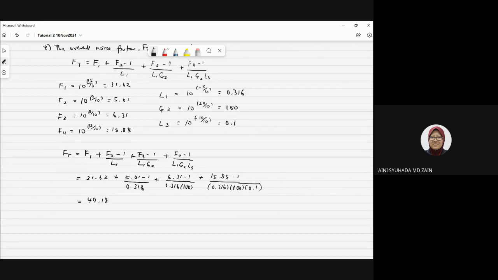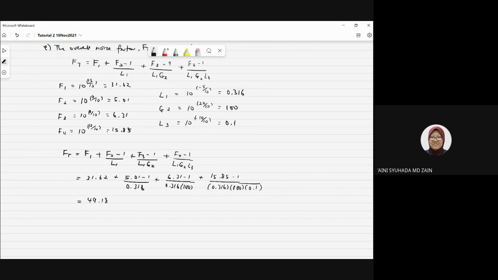So once you calculate wrongly for any of the sections, that value will be used for the next question, then the whole question for the whole system will be wrong. So you need to be careful with this kind of question. So that is on the overall noise factor.